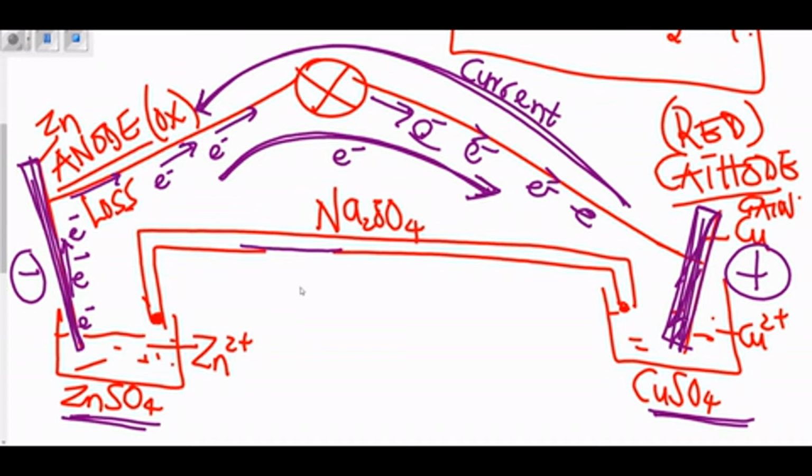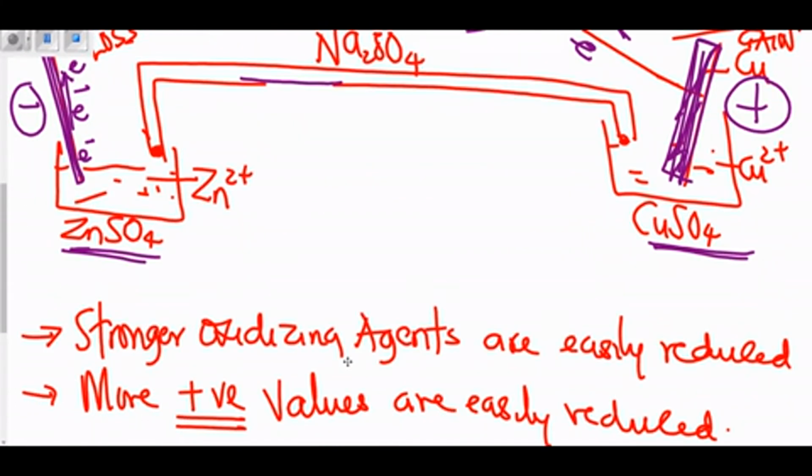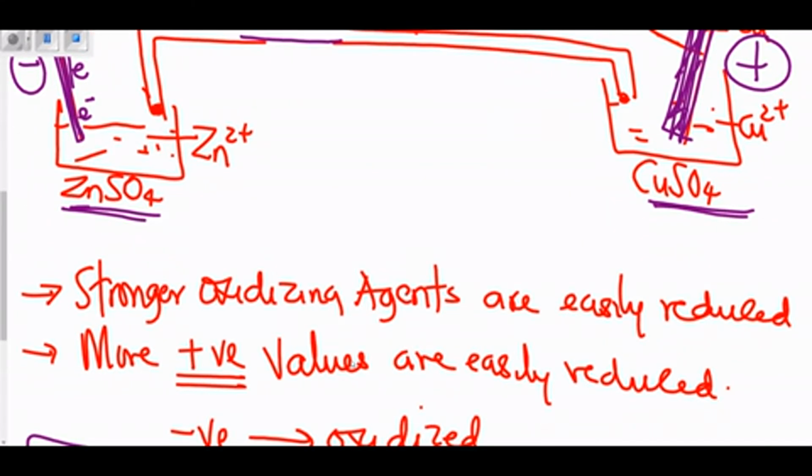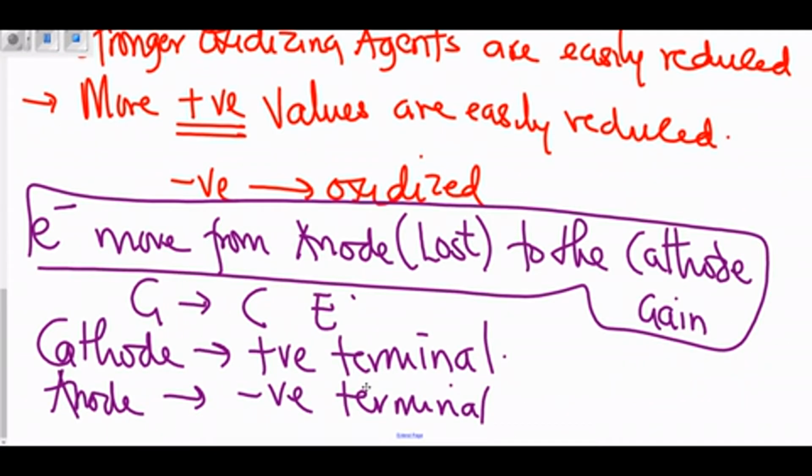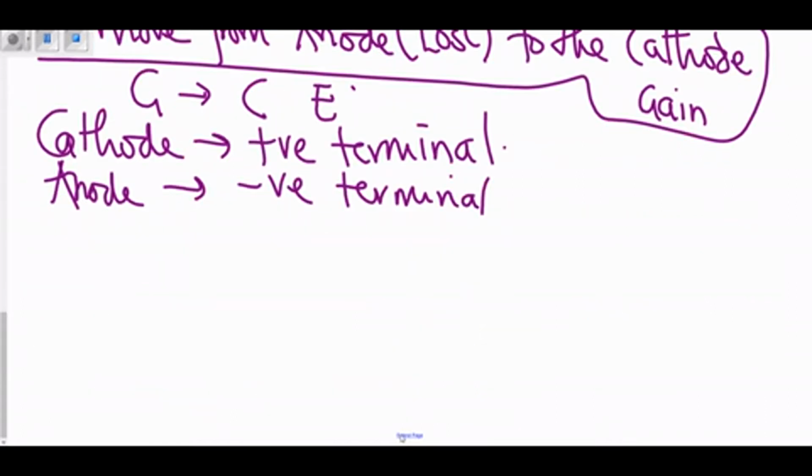Now, zinc. Zinc is what is actually losing. All right, let's do this. Okay. We have zinc, and then we have copper here on the side.